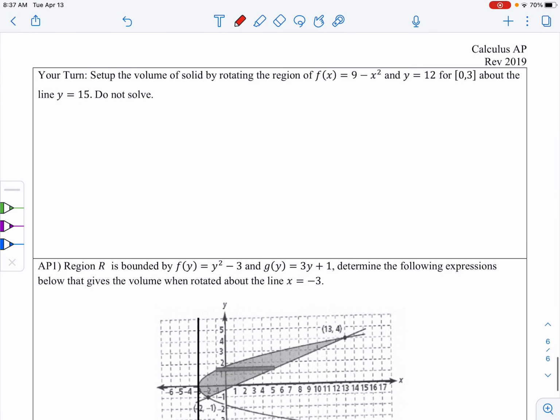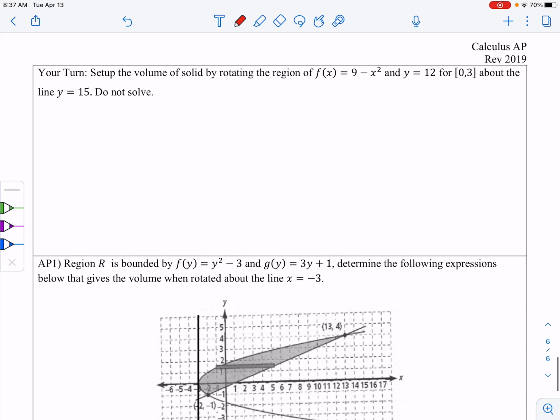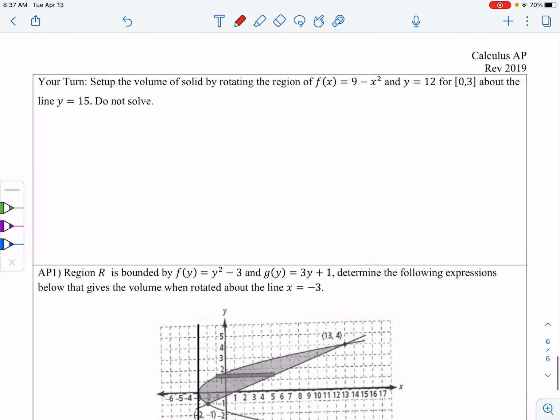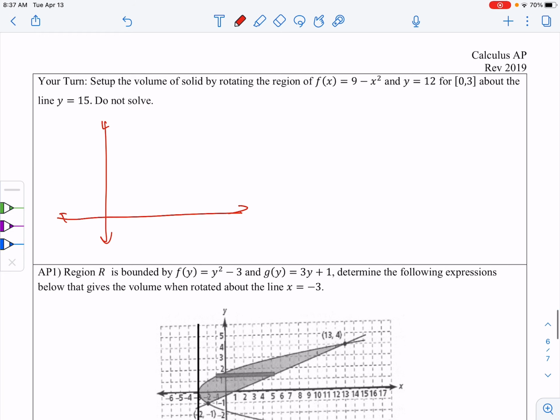Set it up, y equals 9 minus x squared, about the line y equals 15. Let's set it up. So up here, this is 15.